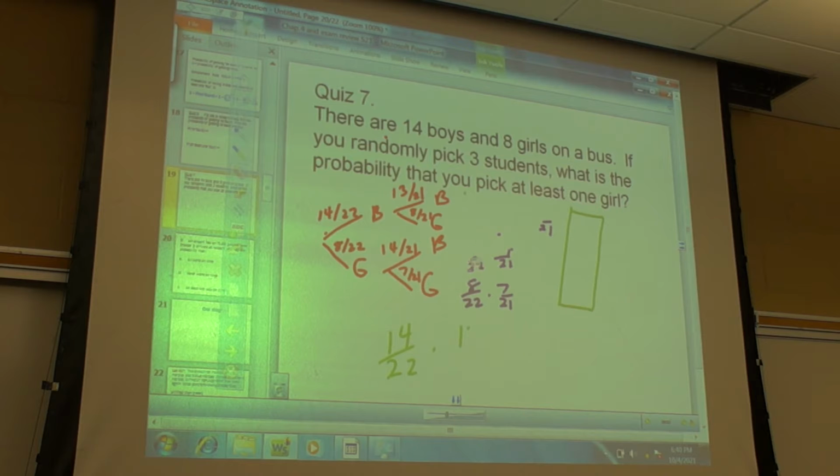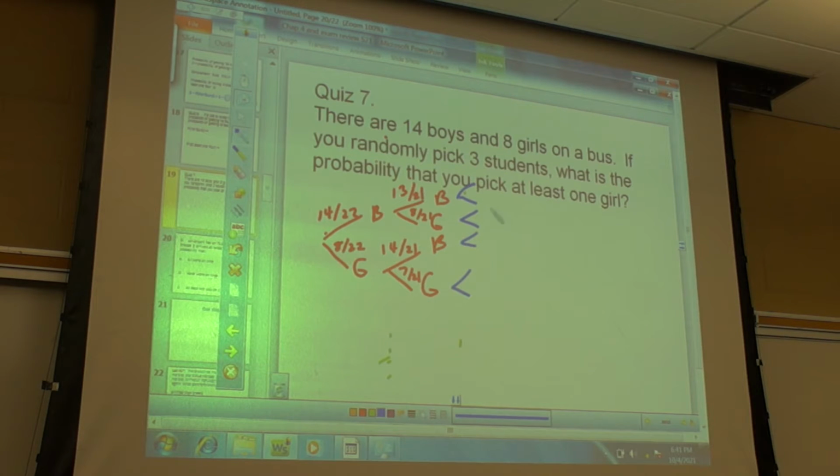I'd have to calculate not just those 3, I'd have to find the others. I'm not even going to bother, because that's nightmarish. We have to go even more and find all of these probabilities, calculate all those and add them up.